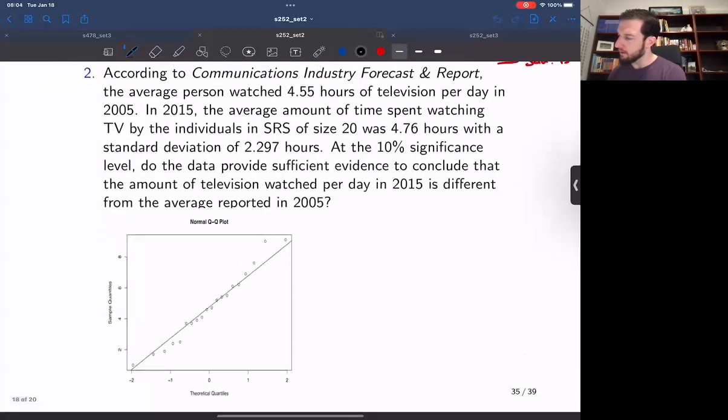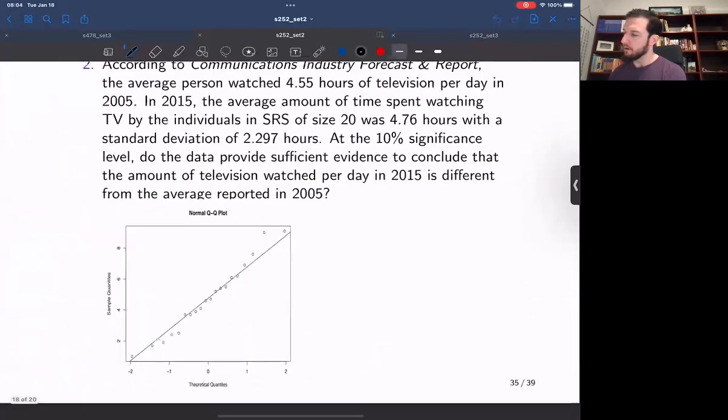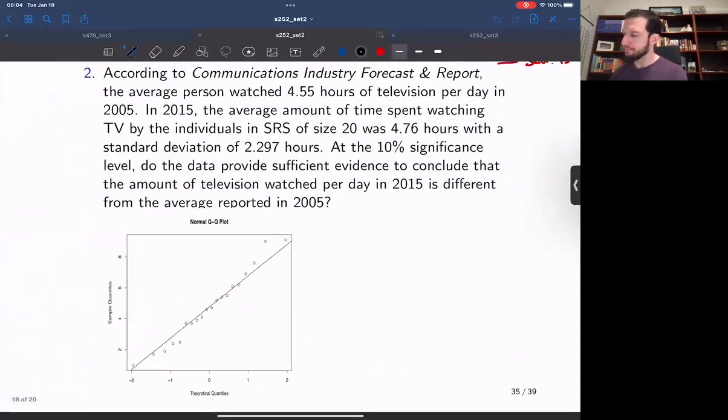Okay, so let's see how much room. Okay, give myself a full page. All right, so let's start off just by making note of a few different items here. There's quite a bit of information in this question. So first off, we're told the average person watched 4.55 hours in 2005.